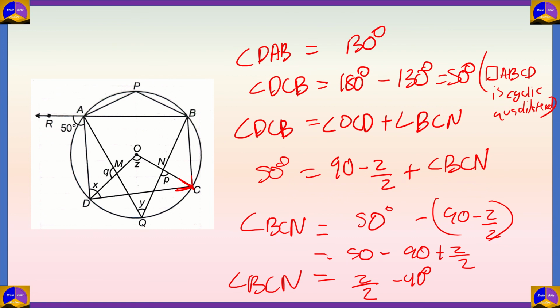Now if we look at this triangle BCN, this small triangle, and if we extend side BN, we can see that angle P is basically the exterior angle of angle N. The exterior angle property suggests that the exterior angle of a triangle is equal to the sum of its non-adjacent angles.